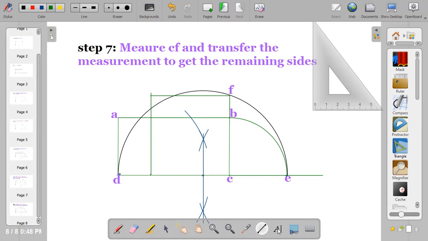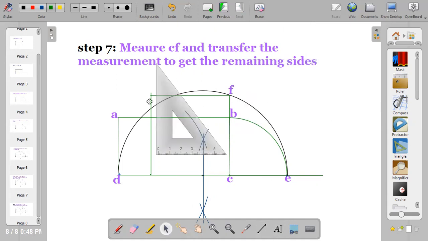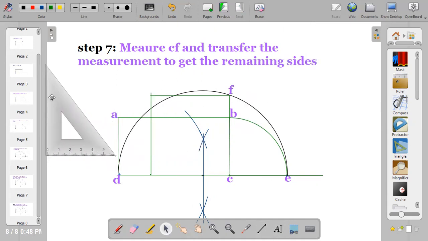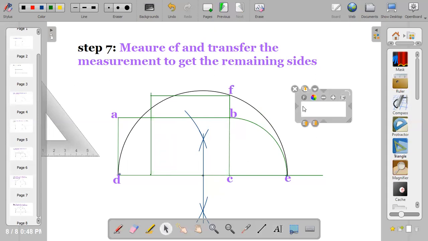How do I prove my construction? You can prove this by using the formula for finding the area of a rectangle.